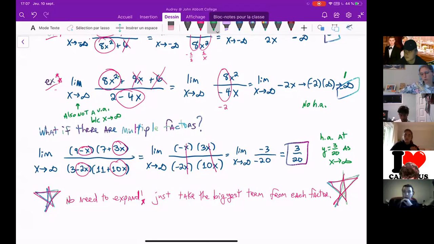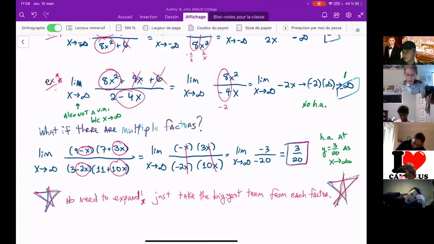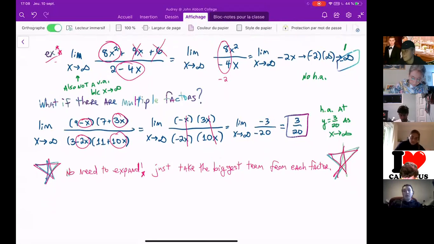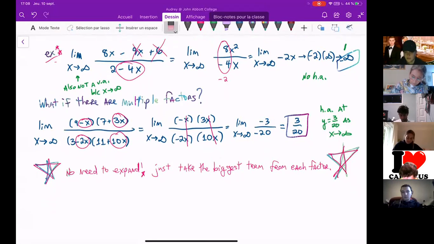And vertical asymptotes need to happen at specific places. X approaching infinity means I'm not going to have a vertical asymptote. Okay, so we're going to do a couple more questions here. And we're going to see why being able to just take the biggest term from each factor is so useful.